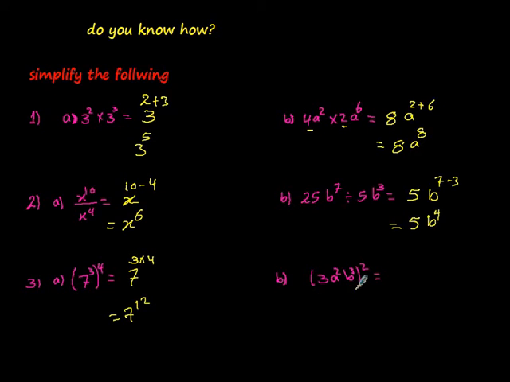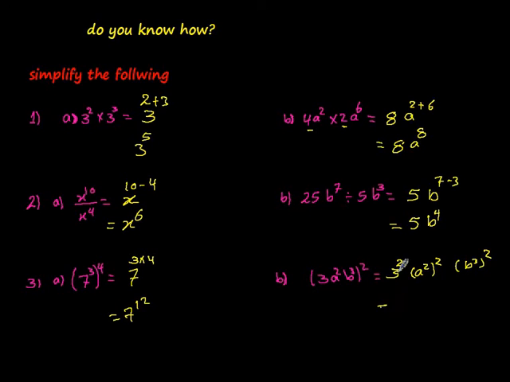The second part of the question is also a power raised to another power. But here, guys, we are given brackets, and inside the brackets we have 3 factors. So we need to distribute the power to every single factor inside these 2 brackets. So 3 will be 3 power 2, a power 2 will be raised to power 2, and b power 3 will be raised to the power of 2.